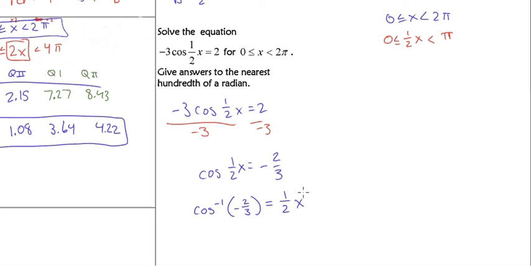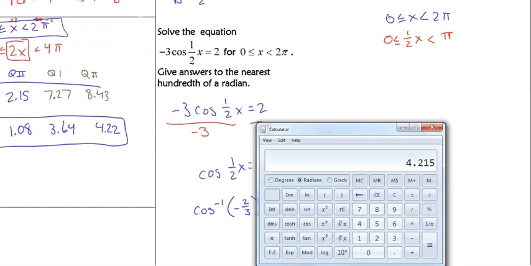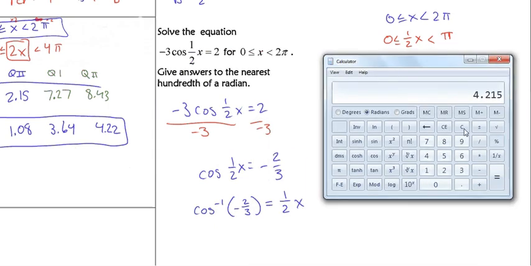Okay, so just as far as 1/2 x is concerned, let's think of the unit circle for a second. When would we have cosine be equal to negative 2/3? Well, cosine is going to be negative here in quadrant 2 and also in quadrant 3. So that's kind of where our results are going to happen. All right, we've got 2 divided by 3, and then make that negative.